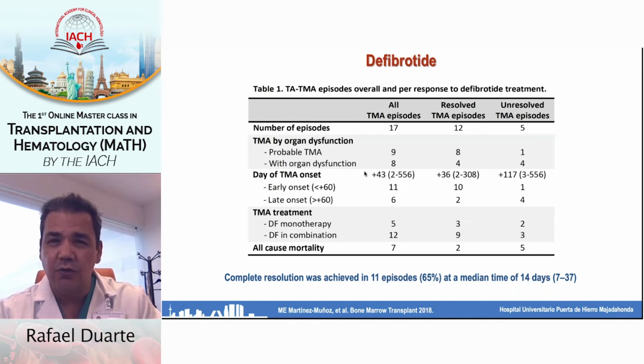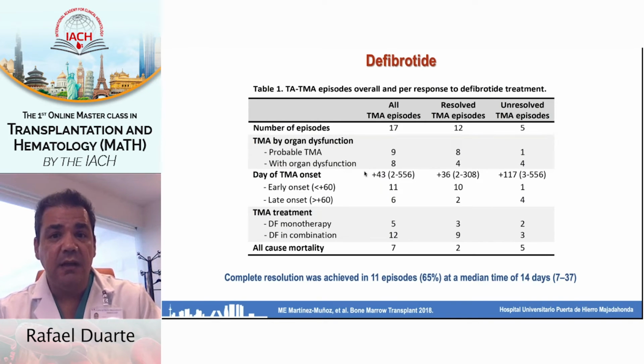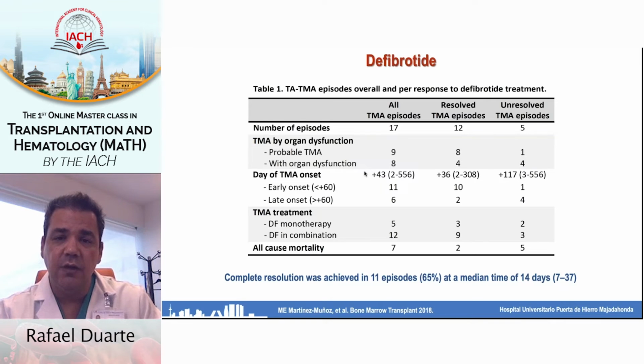So that might also point to perhaps earlier forms of the disease. So clearly good results. Clearly two thirds of patients respond, some of them having received additional drugs in addition to defibrotide. And the only thing to consider is that there is still a clear niche, in particular for the patients with organ dysfunction, to manage and to improve outcomes of TMA.